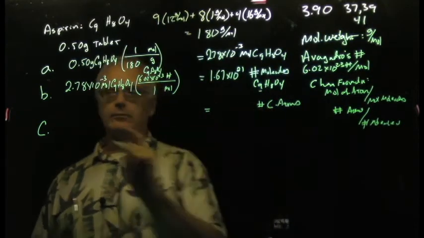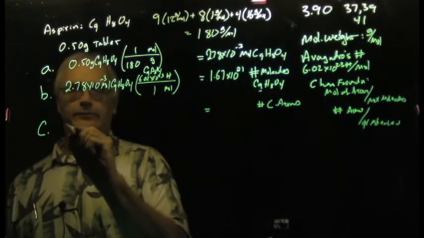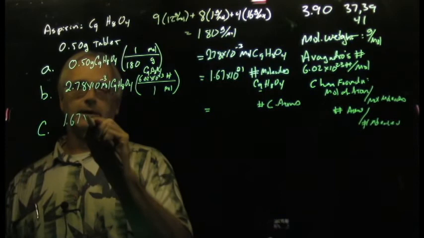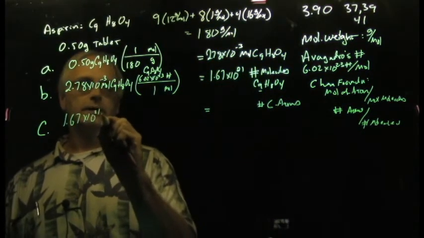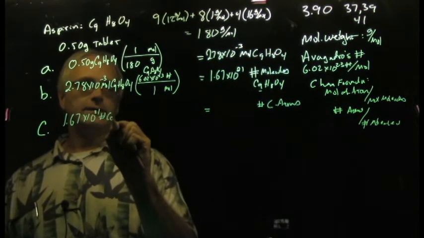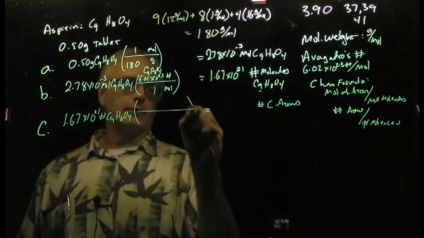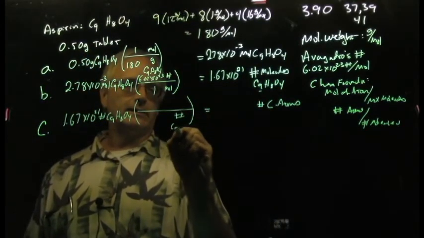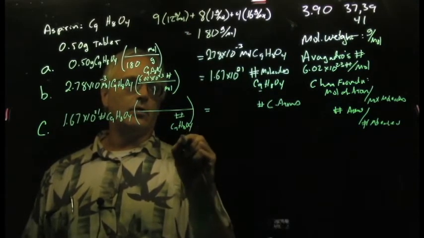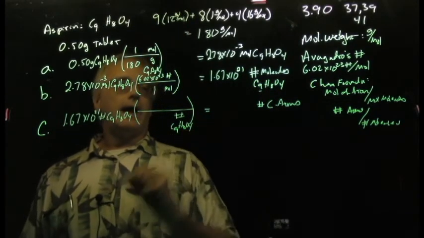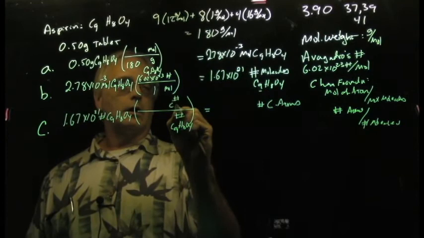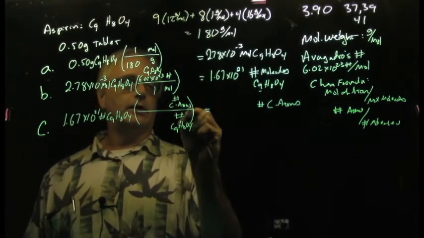I know the number of molecules of C9H8O4, 1.67 times 10 to the 21st. Number of C9H8O4 are going to go away, and number of carbon atoms are going to show up.